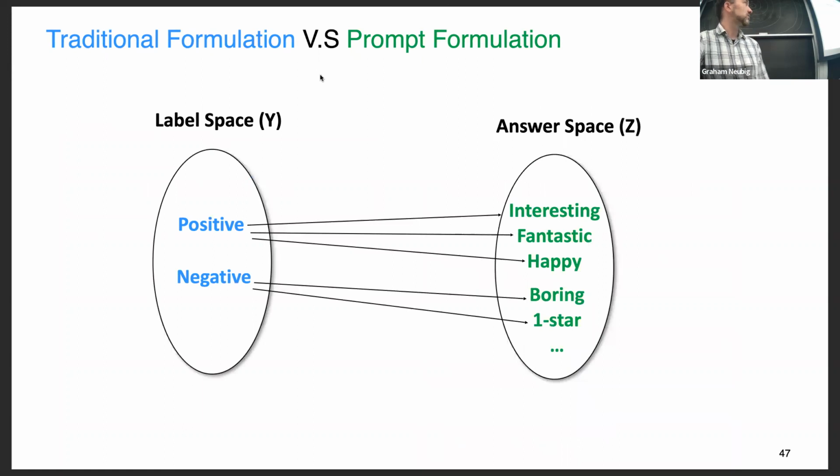And so what we can think about is our answer space and our label space. And generally what we want, it's not guaranteed that we need this, but generally what we want is a many to one mapping where we can have many things in the answer space, but we would only have one thing in the label space.